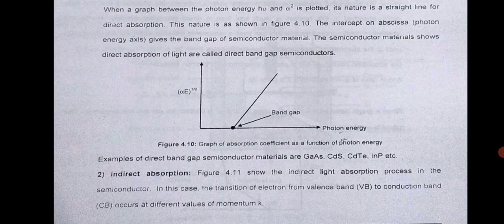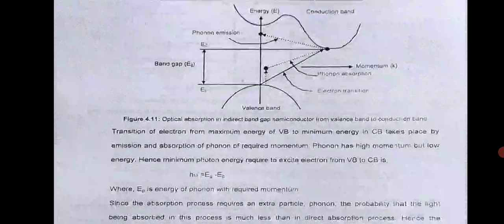In indirect band gap absorption of light, the transition of an electron from the valence band to the conduction band occurs at different values of the momentum k. The main difference is that in a direct band gap the momentum k is conserved, while in an indirect band gap it occurs at different values of the momentum k, where k is equal to h by lambda.